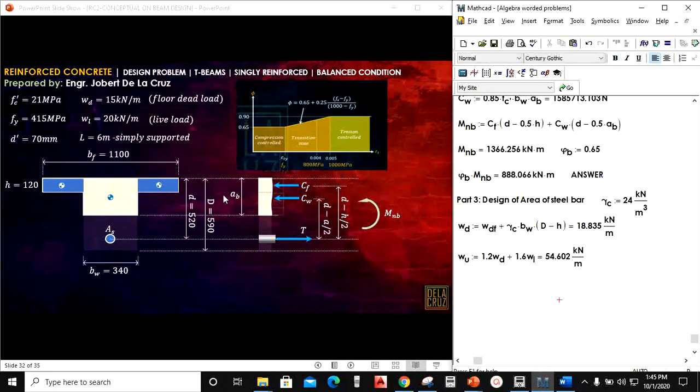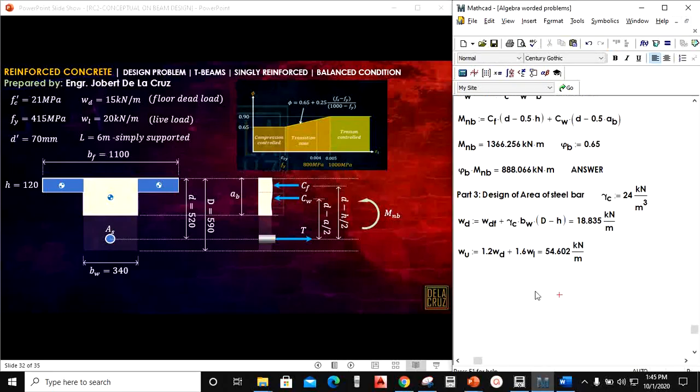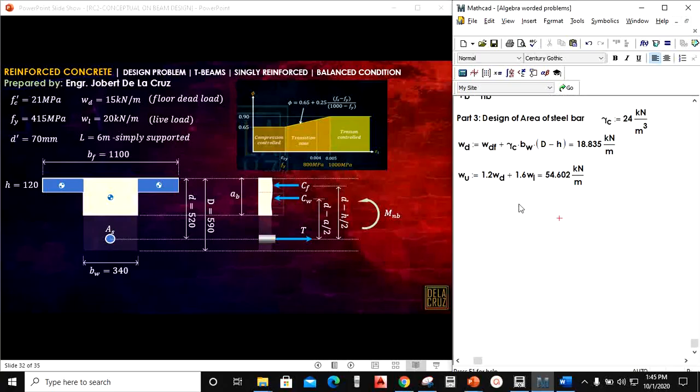Okay, then since this is simply supported beam, the maximum positive moment or positive moment lang talaga, Mu is equals to, okay, recall this one, basic formula, no, to calculate the maximum moment for simply supported beam. So ito yung factored moment natin. Okay, klaro?